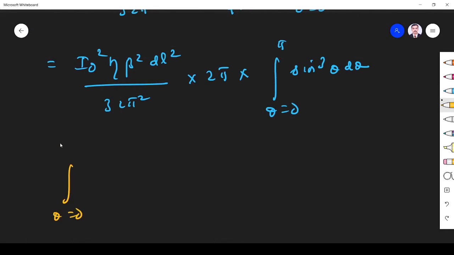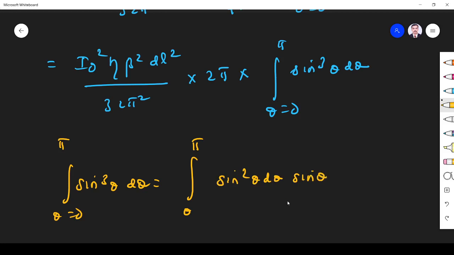The integral from 0 to pi of sine cube theta d theta, I write as the integral of sine squared theta into sine theta d theta.